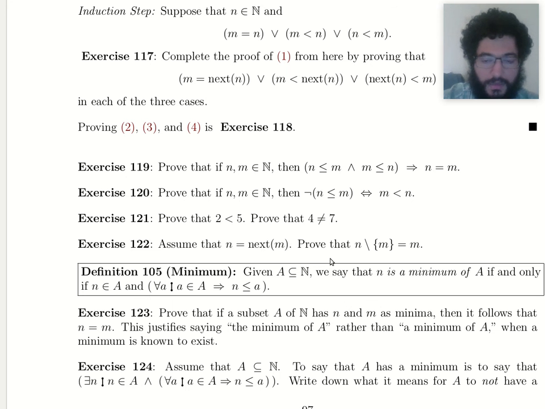And there's yet another exercise which we've already used in this theorem, but we're using it again, which says that if you take a natural number, you delete its predecessor, let me phrase it this way: you take a natural number like next m, and you delete its predecessor m from it, then you get m.